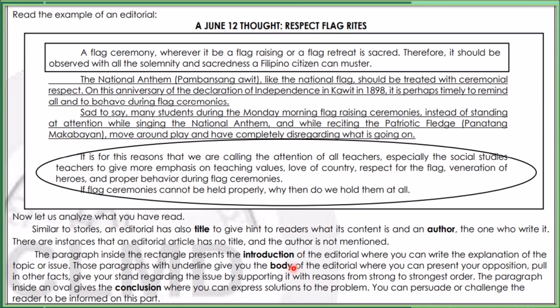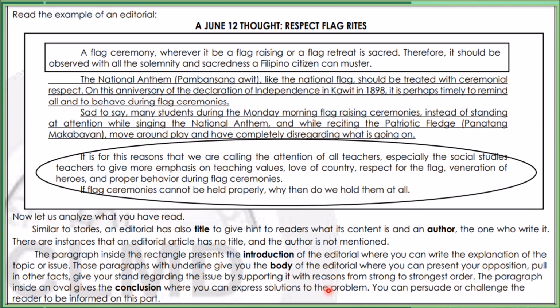Ito yung body of the editorial where you can present your opposition, pull out their facts, give your stand regarding the issue by supporting it with reasons from strong to strongest order. The paragraph inside an oval gives the conclusion, where you can express solutions to the problem. You can persuade or challenge the reader to be more informed on this part.